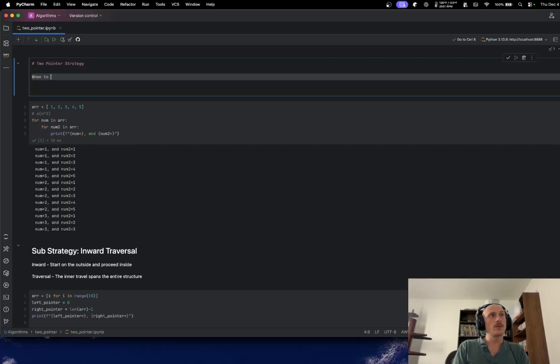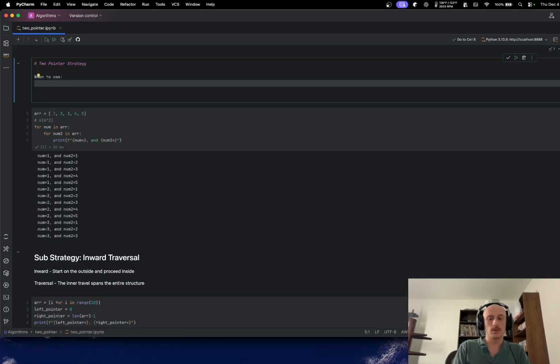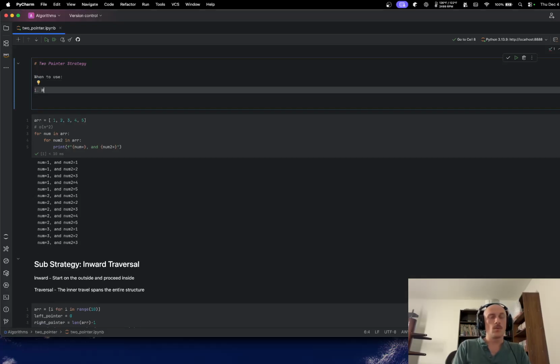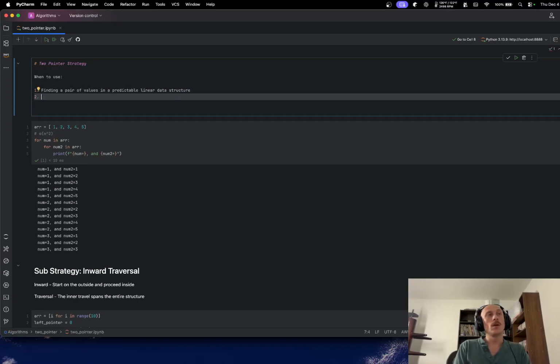So, when to use: finding a pair of values in a predictable linear data structure, or finding the result of two values in a predictable linear data structure.